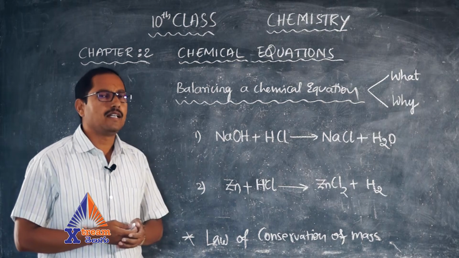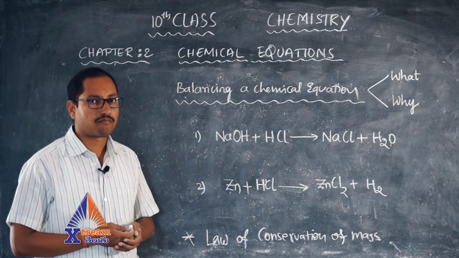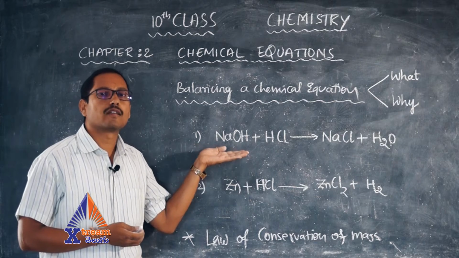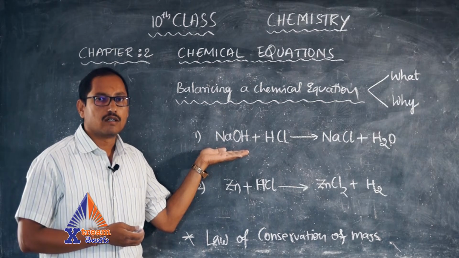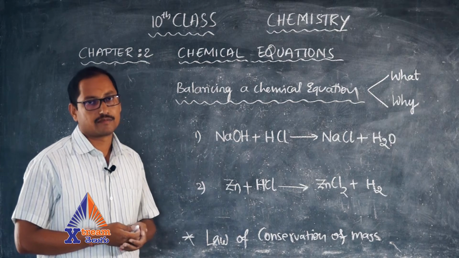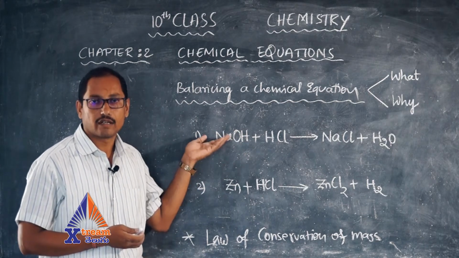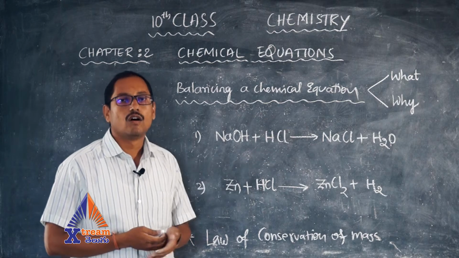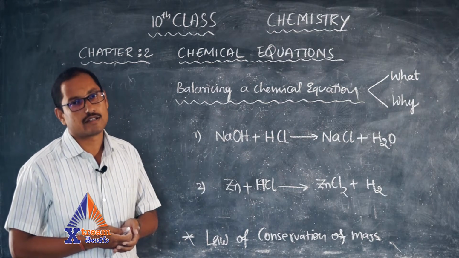But the main important aspect here to be observed is how many atoms are there on the LHS of equation 1 of each element. Of each element, how many are there in LHS? On the other side, of each element, how many are there on RHS? Let us try to understand.